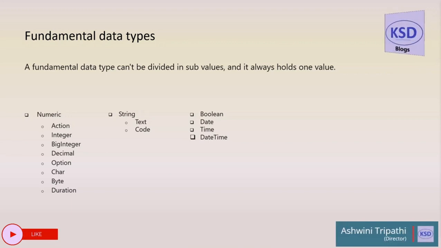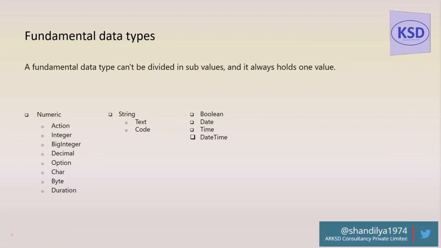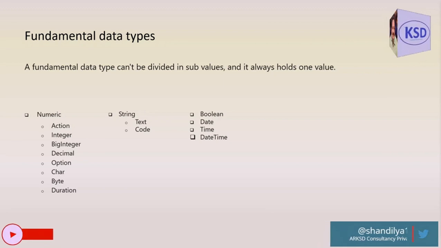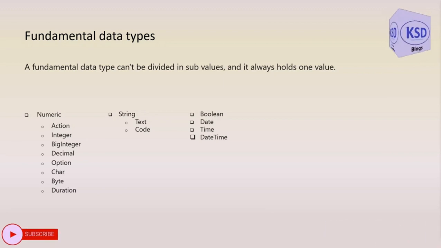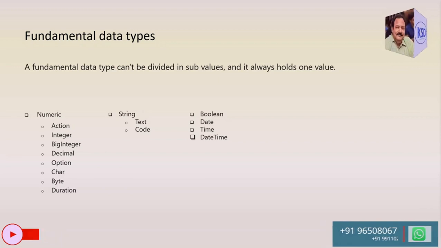The action data type isn't available as a data type for a field in a table, but it's used to specify what action a user performs on a page, like the page run modal or run modal methods, which we will discuss later in this learning path. So it returns an action.